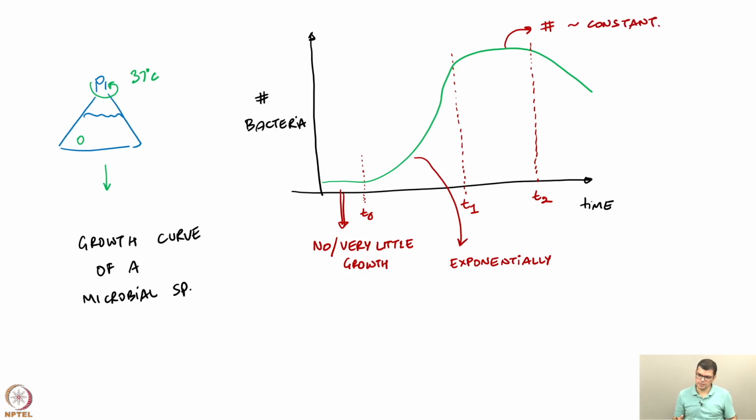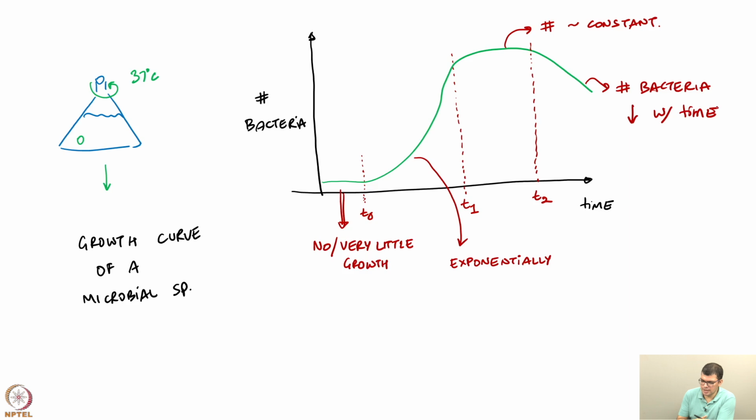And in the fourth phase, there is active death taking place, and as a result, the number of bacteria decreases with time. If we let this go on for a sufficiently long amount of time, we'll reach a stage where there are no viable bacteria left in the flask.